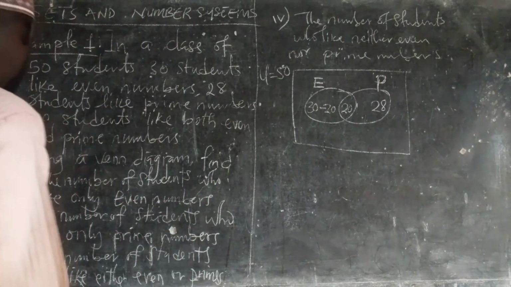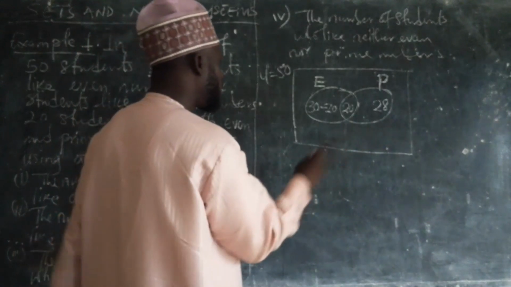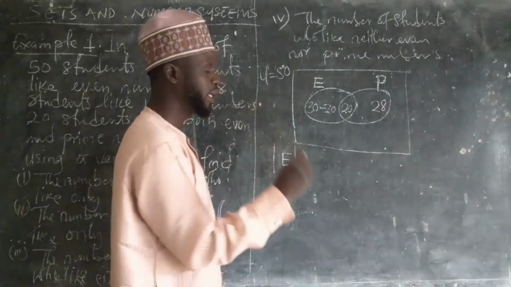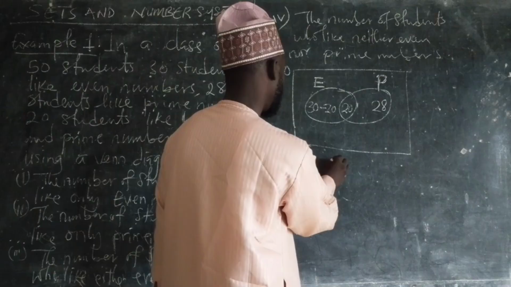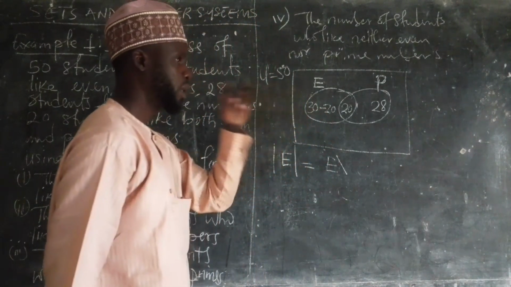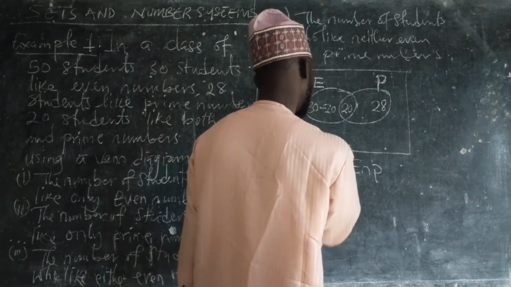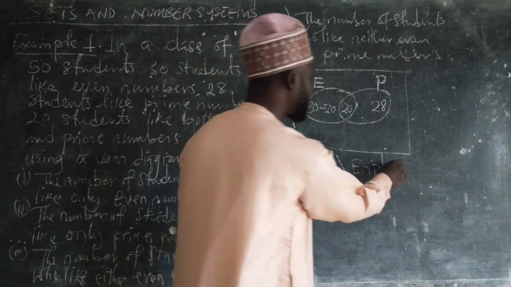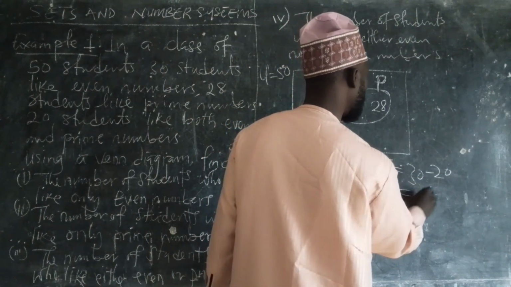To answer the first question, the size of E only is equal to the size of E minus the size of E intersection P. This is just 30 minus 20, and the answer is 10.